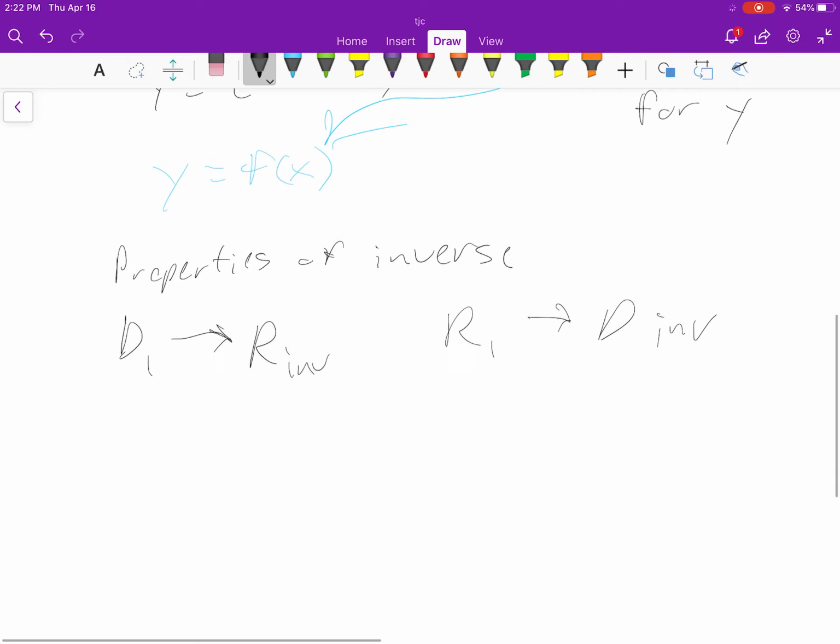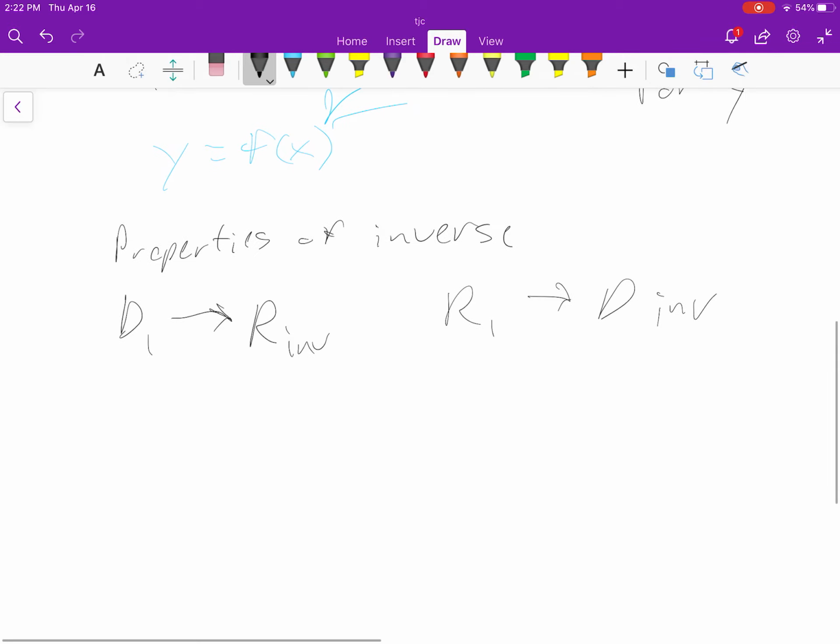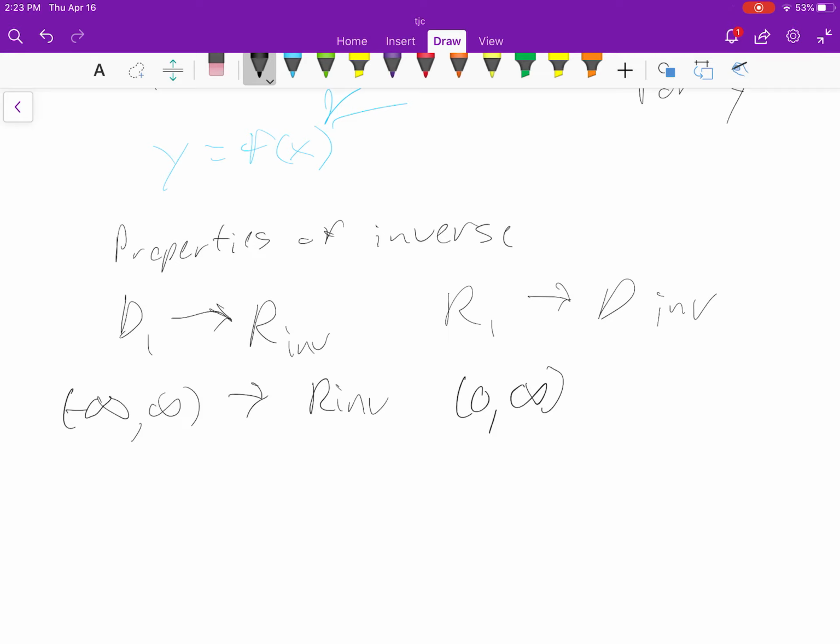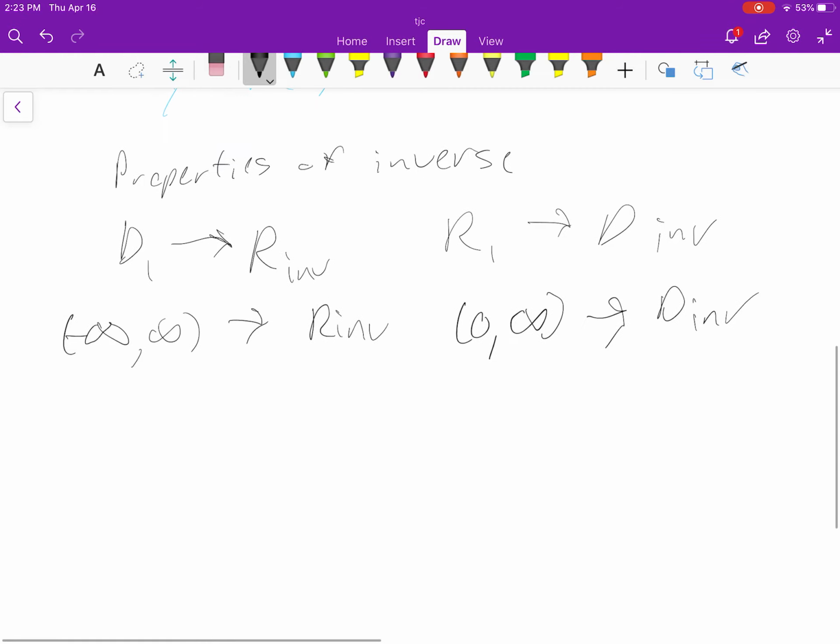If you remember, the domain of the exponential function is all real numbers. So that's going to become the range of the inverse. Well, what's the range? The range is from 0 to infinity, and that's going to become the new domain. So we know those properties.